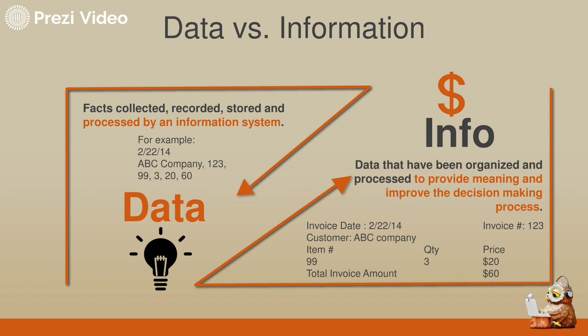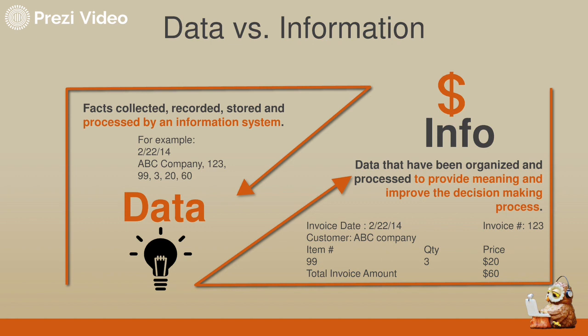If you look at this slide, it shows the difference between data and information. Data is actually just facts that are collected, recorded, and stored in the system. In the example here, data could be a number, a date, or the name of a business.